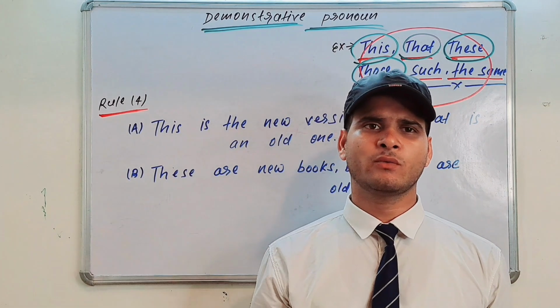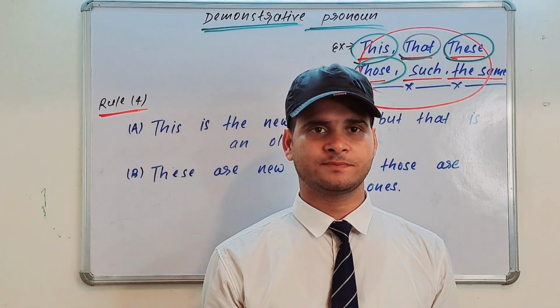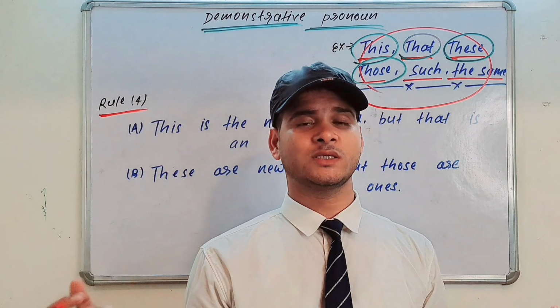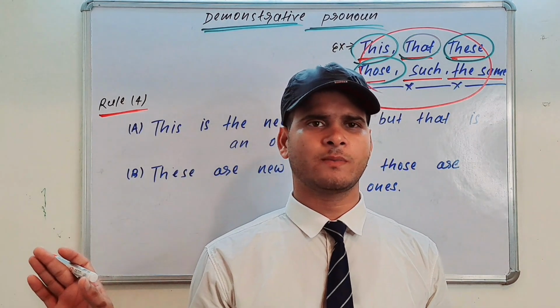Clear? But here "one" is used in a sentence. "One" is used, "ones" is used, and that is the fourth rule of demonstrative pronouns.